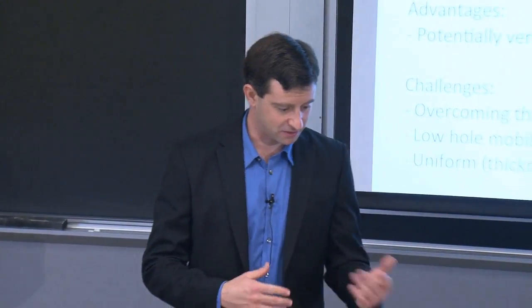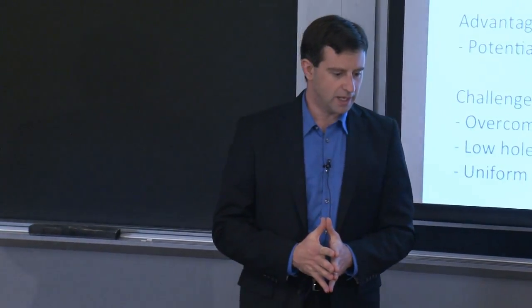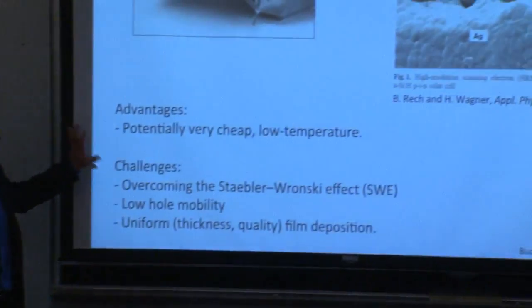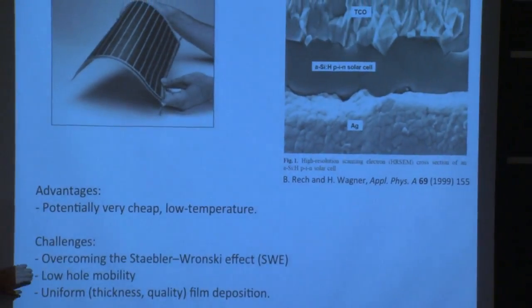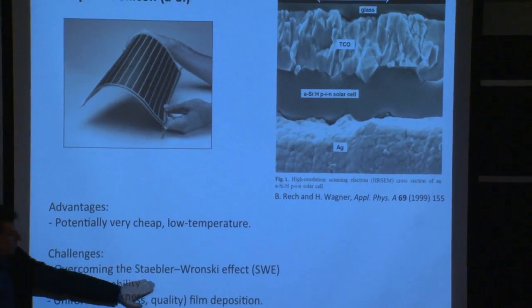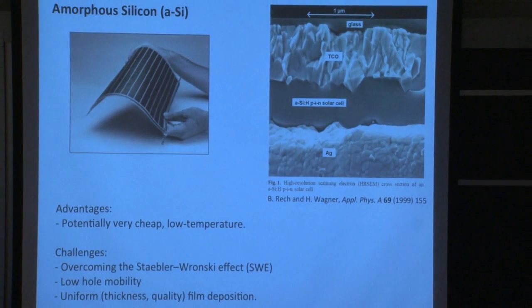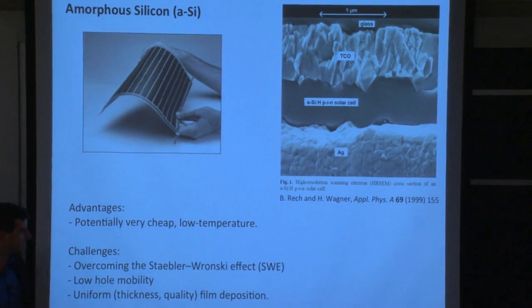Delamination is of concern as well, depending on how you deposit it. And the challenges from a material level is getting a consistent quality material, high quality material, every single deposition, and overcoming certain degradation modes that are present in amorphous silicon, not present in other material systems, certainly not present in crystalline silicon. For example, the Staebler-Wronski defect.